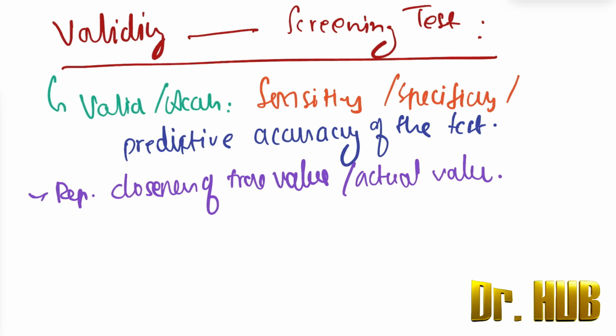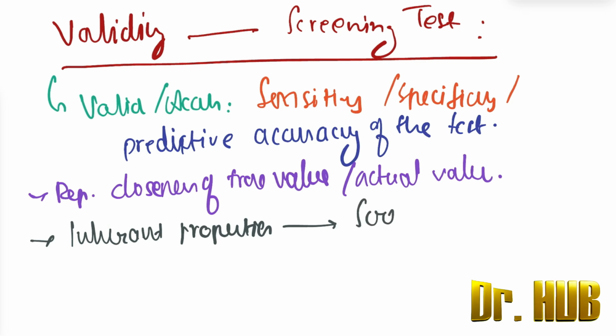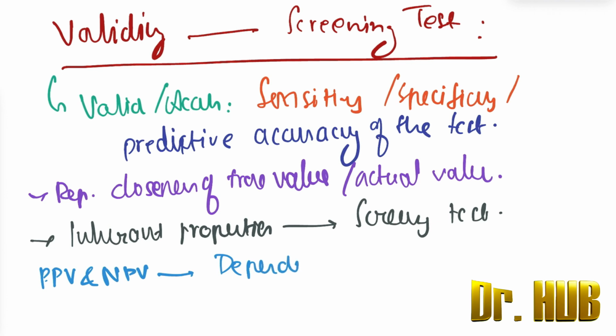So these are inherent properties of a screening test. We need to know that the PPV and the NPV are dependent on the prevalence of the disease.